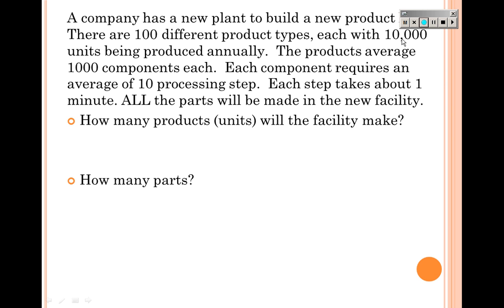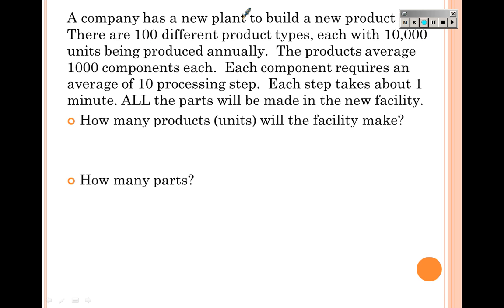So how many parts will that be then? Each unit has about 1,000 components, and we have 1 million units.